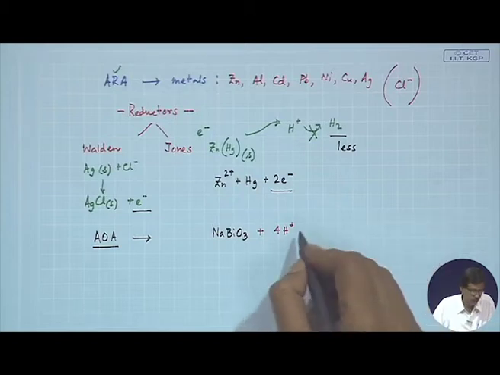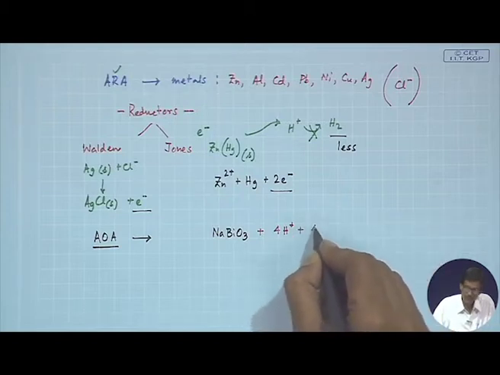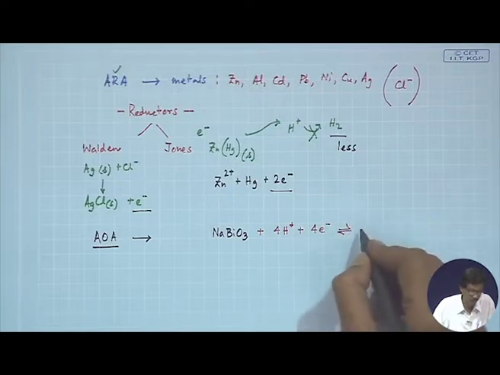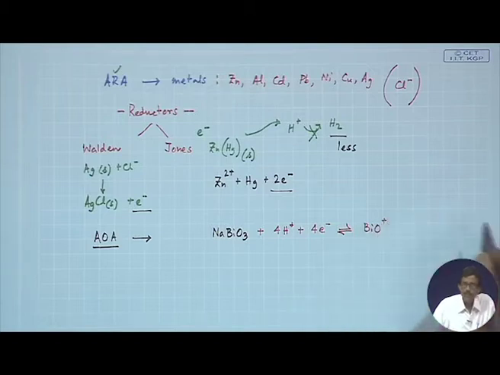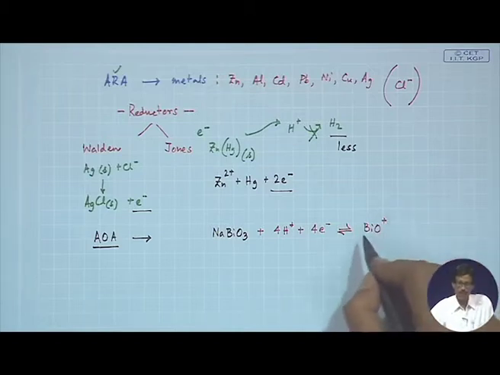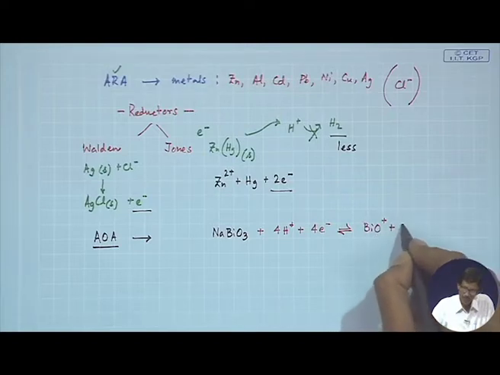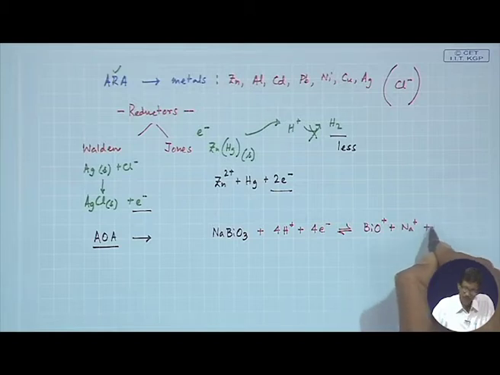So, sodium bismuthate undergoes a reduction reaction with a 4 proton transfer giving you BiO+, an oxo species of bismuth, trivalent bismuth 3+, then Na+ is also formed, and water.